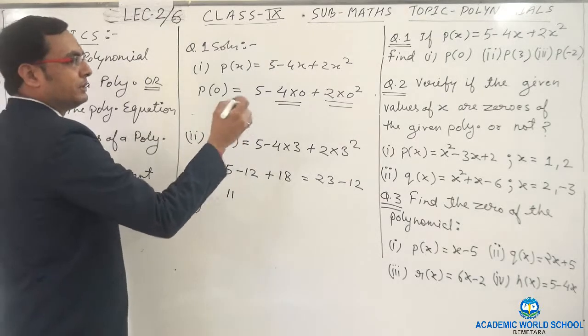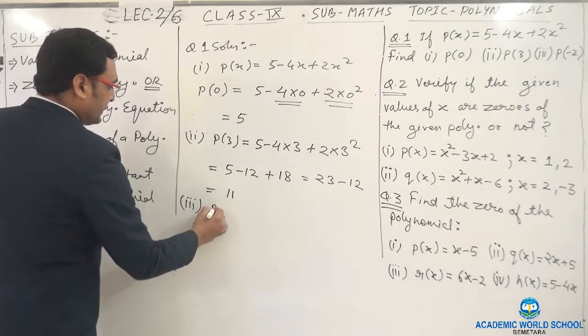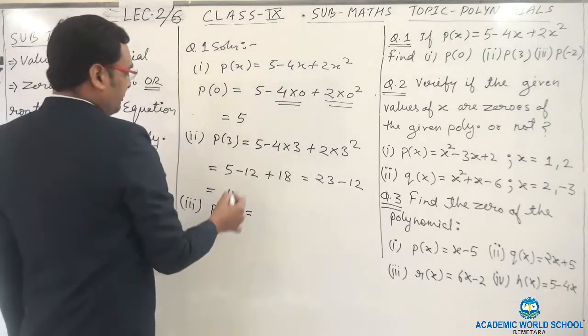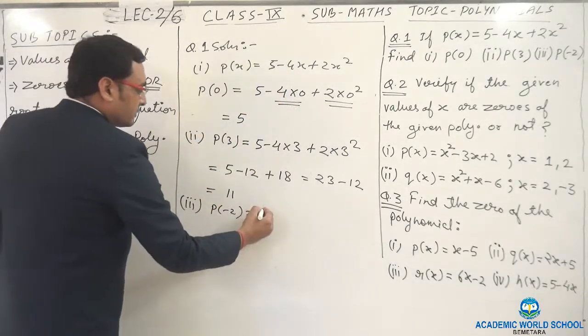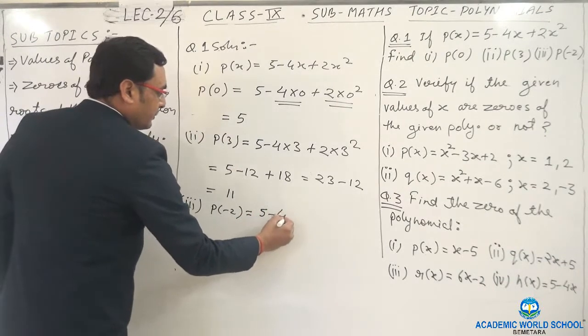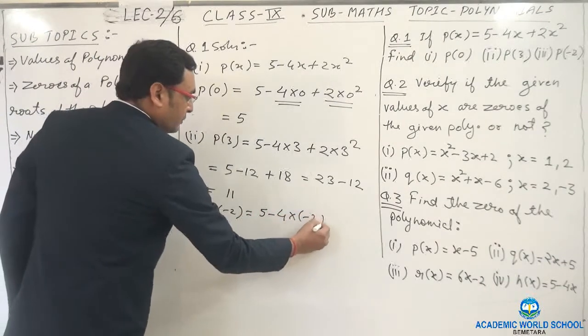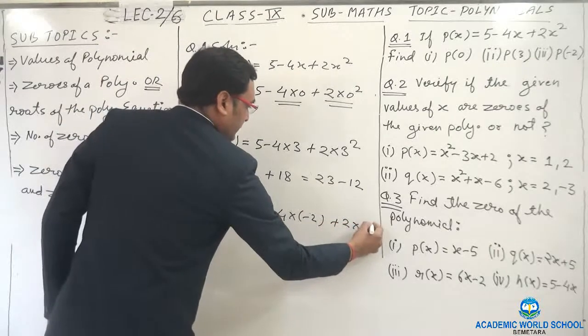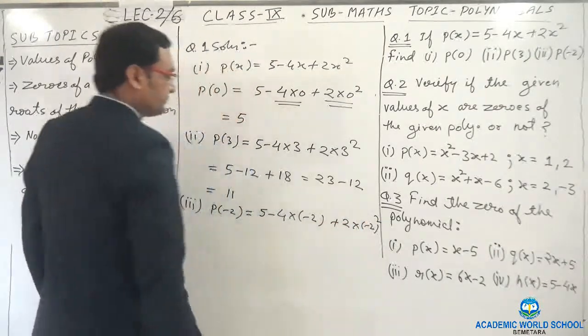Next is the value of this polynomial at x equal to minus 2, that is p(-2). At the place of x we will put minus 2. So 5 minus 4 into minus 2 plus 2 into (minus 2) whole square.